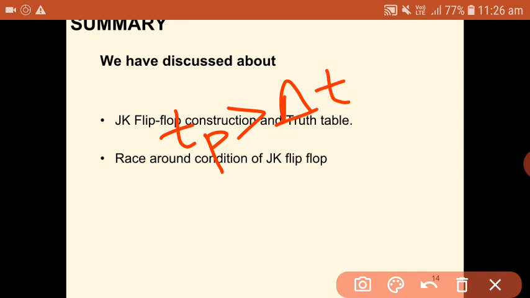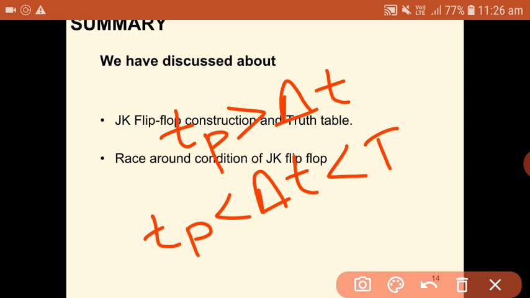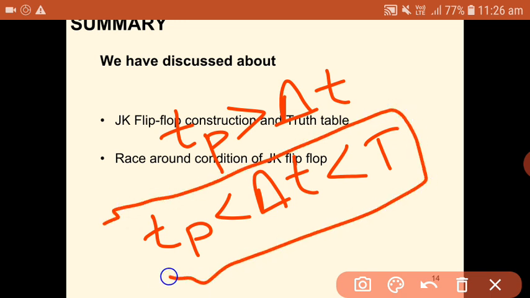To avoid it, you need to choose TP less than delta t, and that should be less than the time period of the clock pulse, whenever the inputs are J is equal to 1 and K is equal to 1.